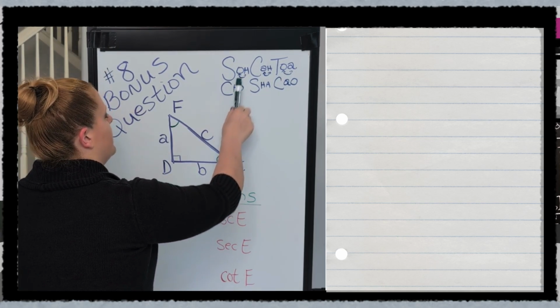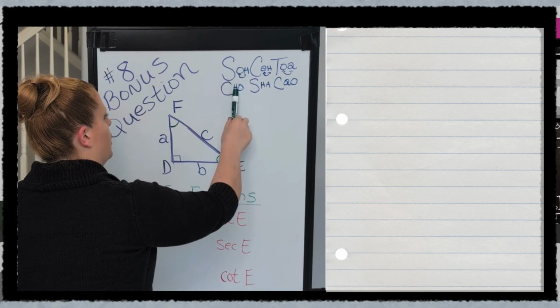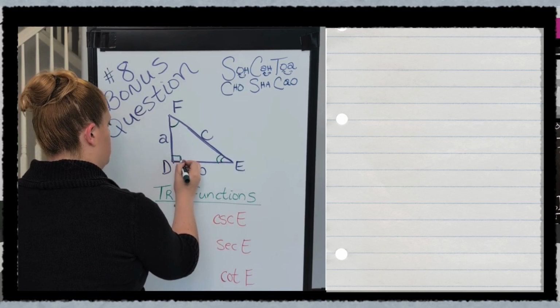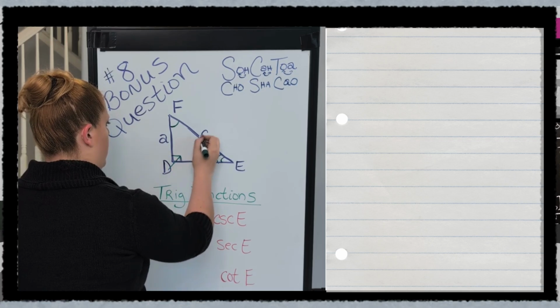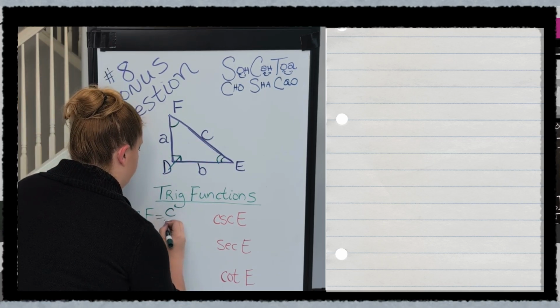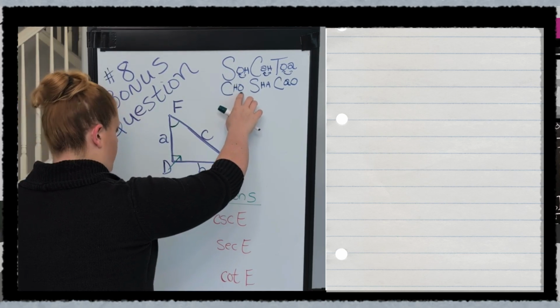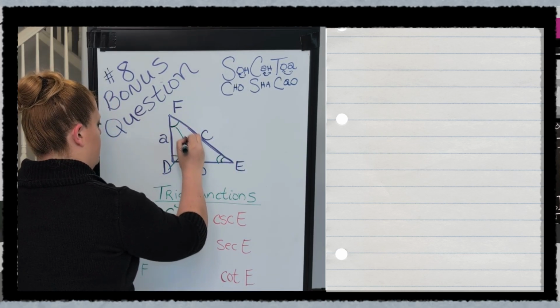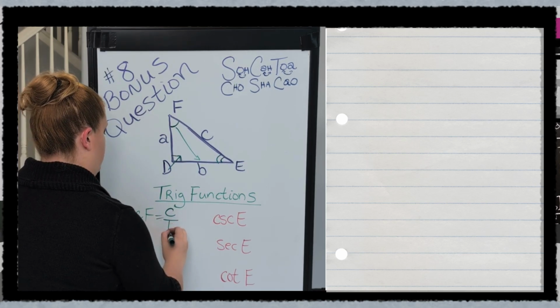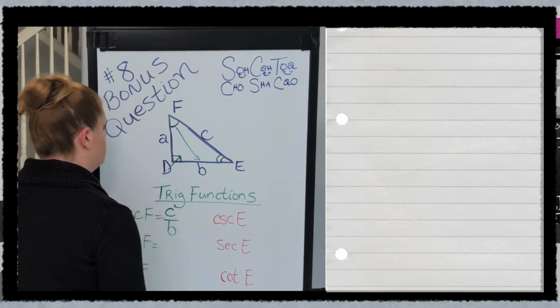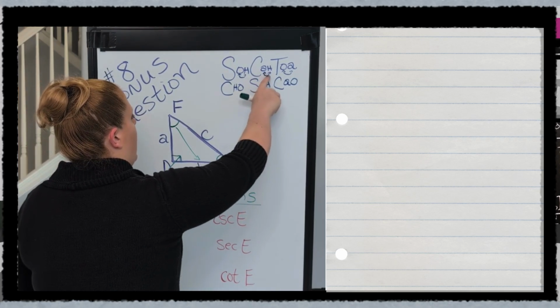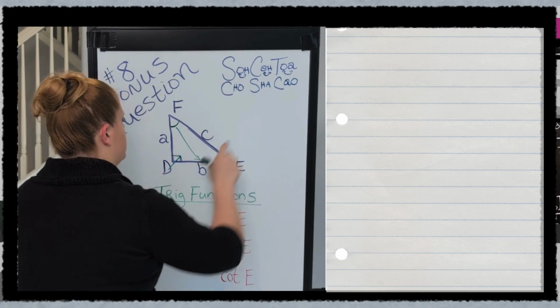Cosecant is the opposite of sine, so we're going to do hypotenuse first. Remember, that's our arrow pointing to the hypotenuse. Over opposite. Opposite of F is B. Secant, opposite of cosine. We're going to do hypotenuse over adjacent.